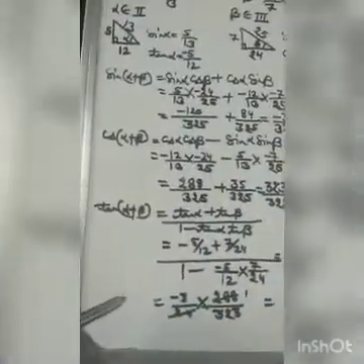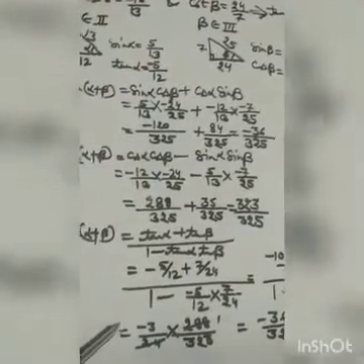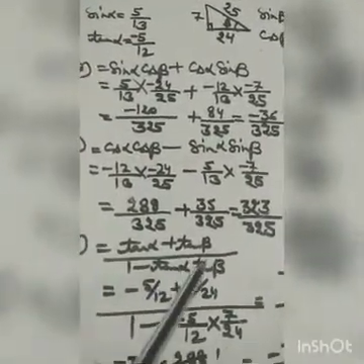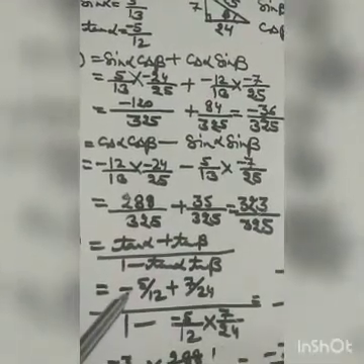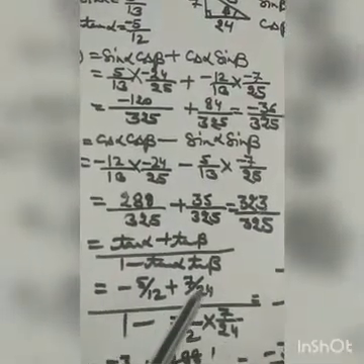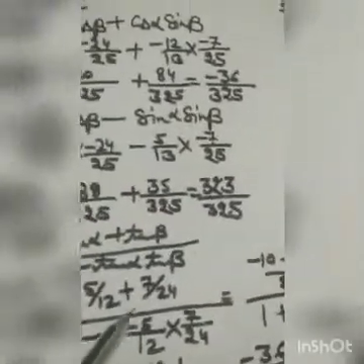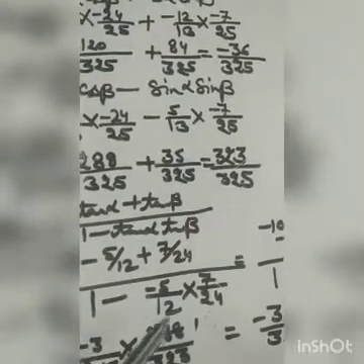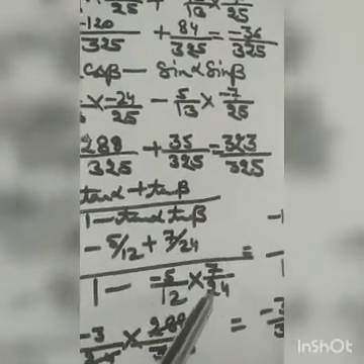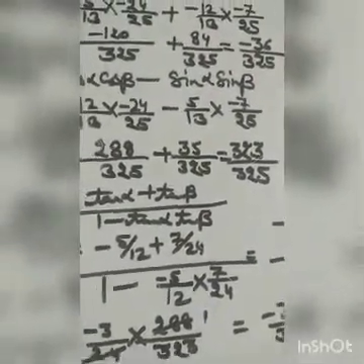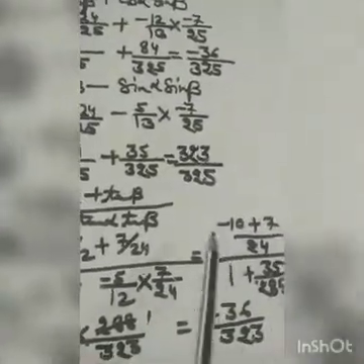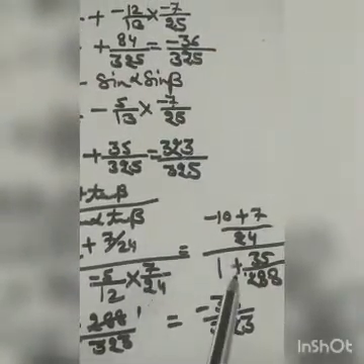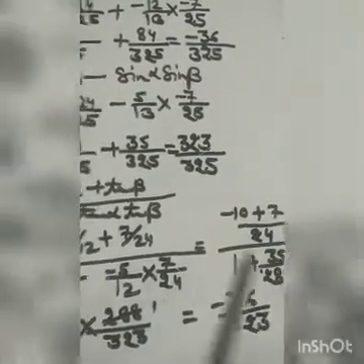Next, the tan(alpha plus beta) formula is tan alpha plus tan beta upon 1 minus tan alpha tan beta. So substituting the values, minus 5 by 12 plus 7 by 24, you get the numerator. Denominator will be 1 minus 5 by 12 into 7 by 24. Simplifying it, what you get is minus 10 plus 7 upon 24, upon 1 plus 35 upon 288.